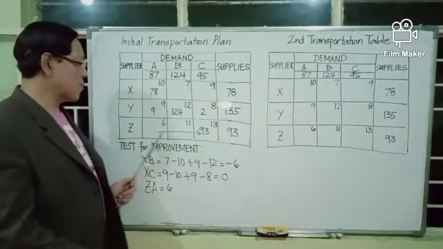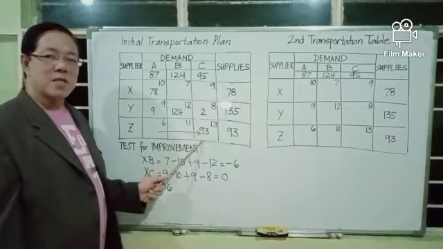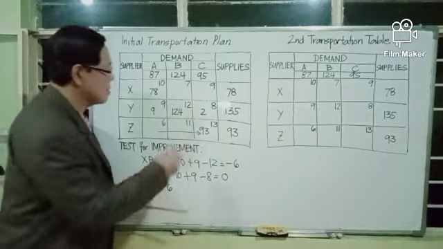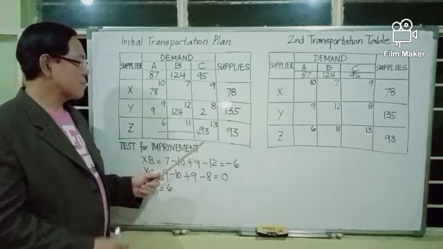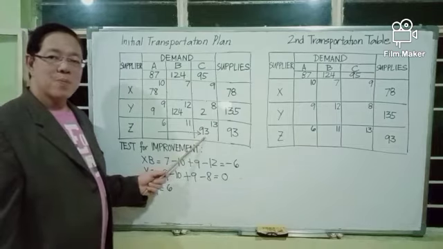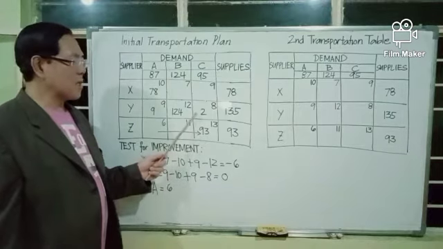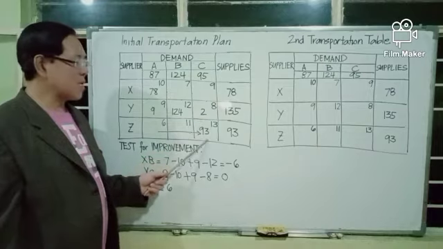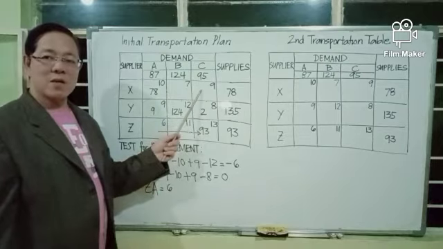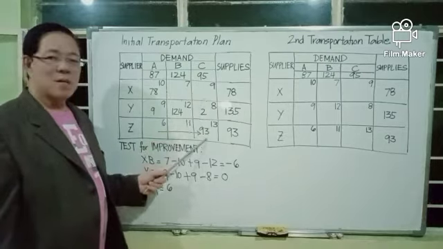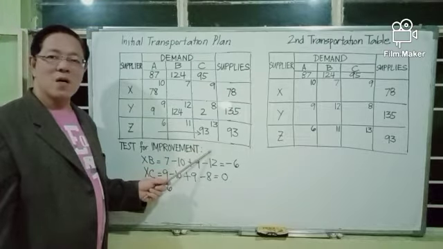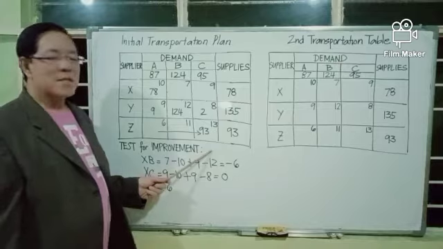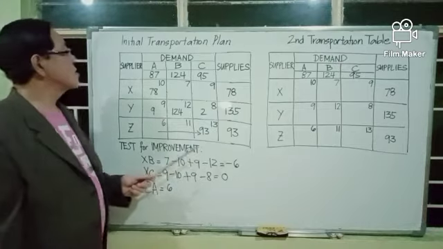After the horizontal movement, the next move is vertical. And we move vertically upward up to 2. We cannot move vertically upward up to this cell because it's empty, and we cannot move vertically downward because you'll be out of your transportation table.